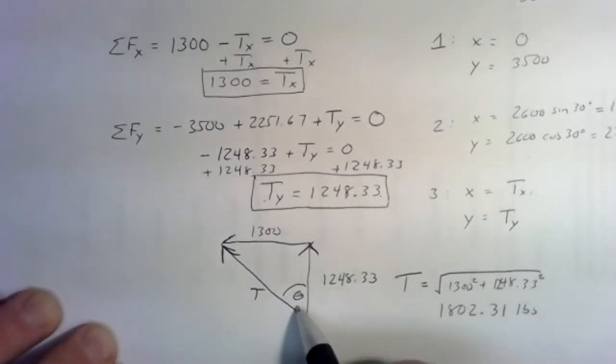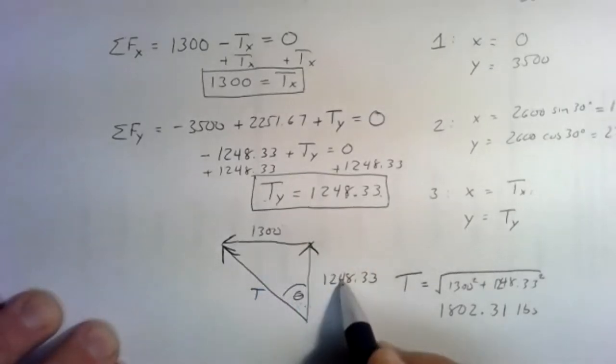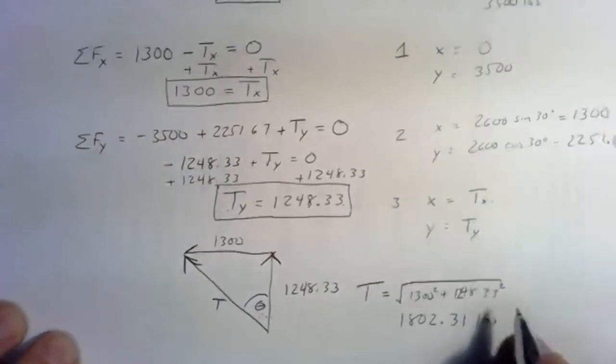To get the angle, we use inverse tangent, but it's always inverse tangent of opposite over adjacent. It's another place where you don't want to get stuck thinking about x's and y's. If you're used to thinking inverse tangent is y over x, you're going to run into problems in problems like this where you're referencing to vertical. Inverse tangent of opposite over adjacent.